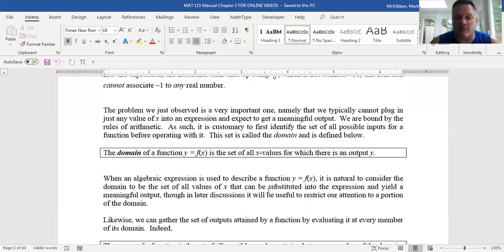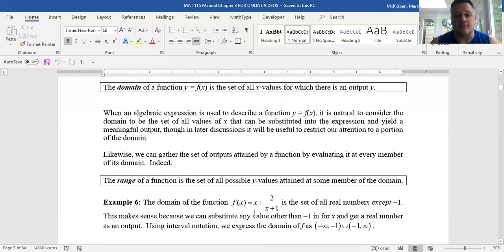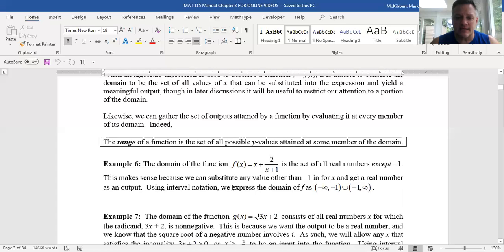I already have in front of me which values I can actually compute the functional value of. And then if I gather together all of the outputs in a set, we call that the range.